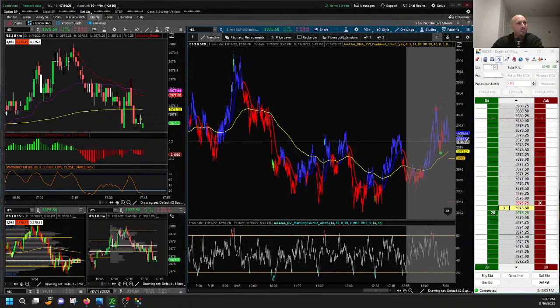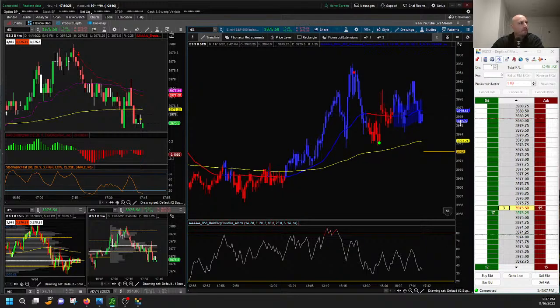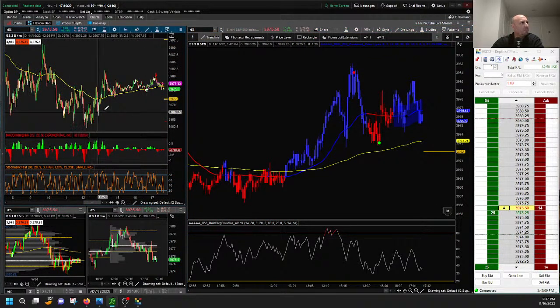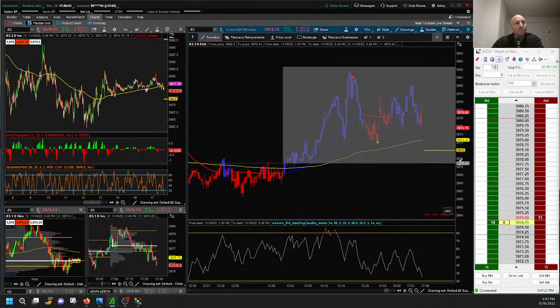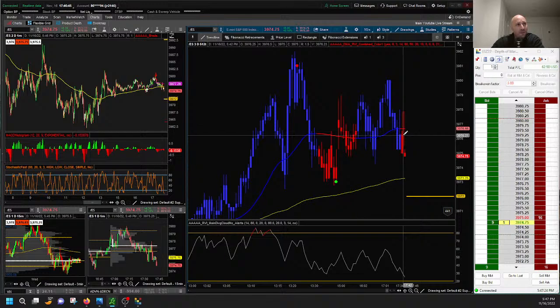So let's see, like if this may break down right here, right? Shoulder, head, shoulders. If it breaks down and it goes red, maybe you go, hey, like right here, watch this, guys. So this candle was blue, it's now red.